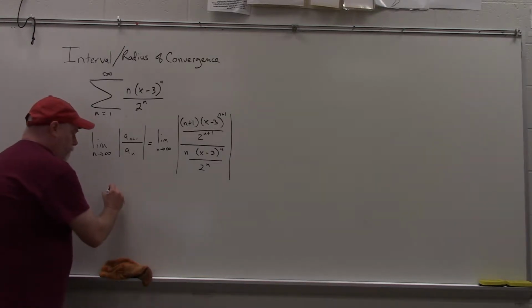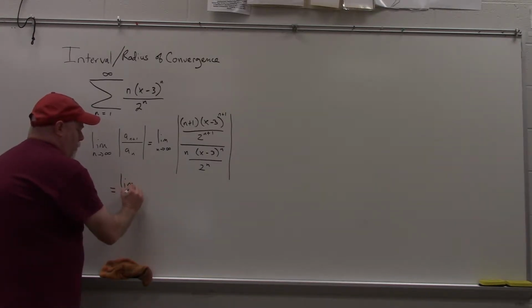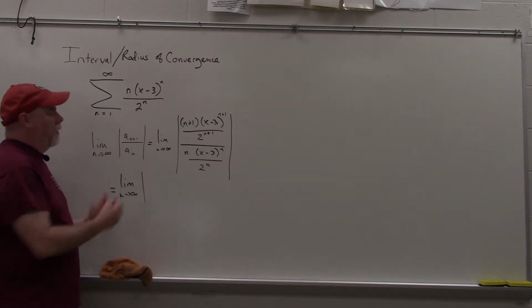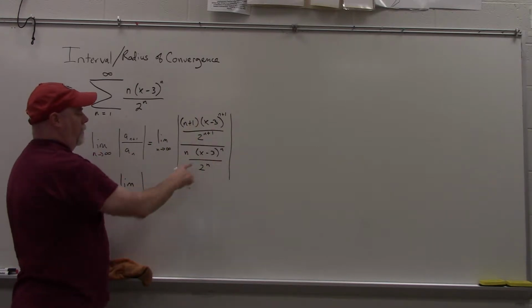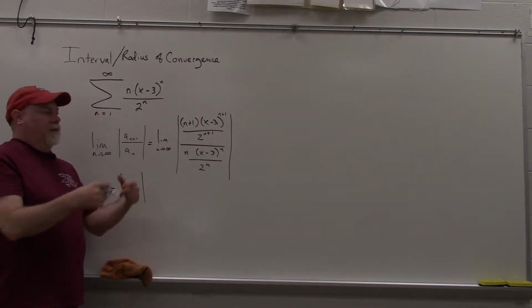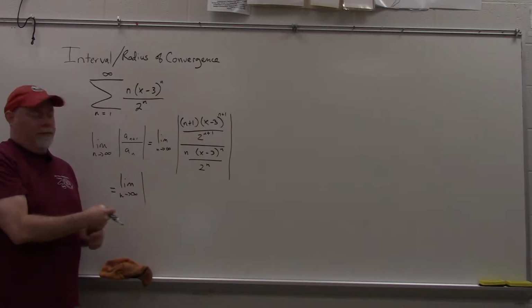All right, limit as n goes to infinity. So we know we're supposed to cancel some things, right? So we're going to rewrite these. Everything that's written to the n plus 1, we're going to write as that thing to the n times that thing to the 1.